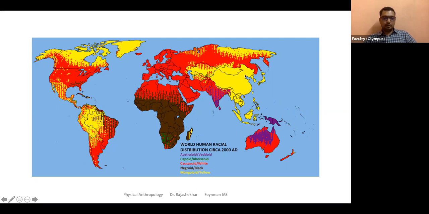Similarly, Mongoloids are in Southeast Asia, the northern parts of our country, other parts of Asia, northern Asia, and also the northern part of the Americas. And then mostly Negroids are from Africa.